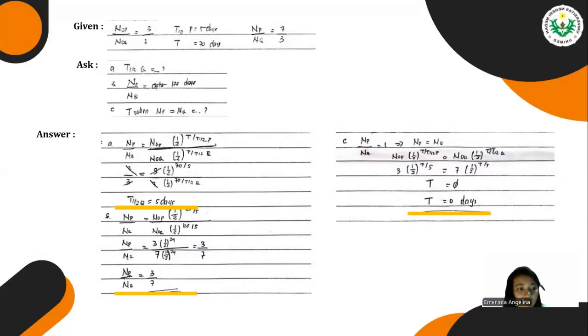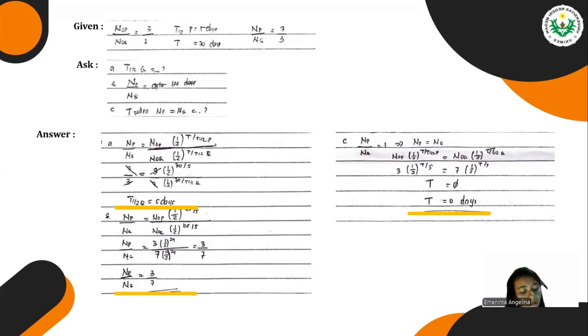And like usual, first of all, we write the given and ask from the question. The given is that N_P over N_Q is about 3 over 7.